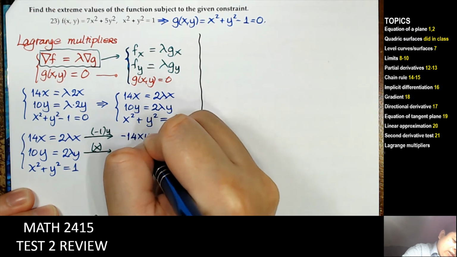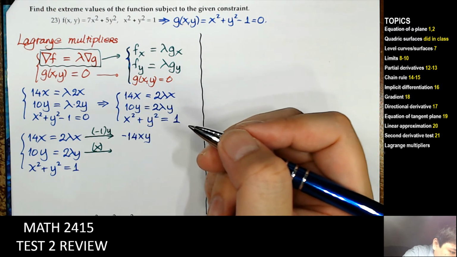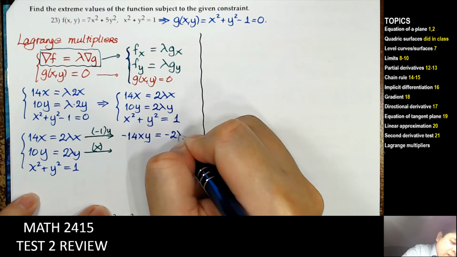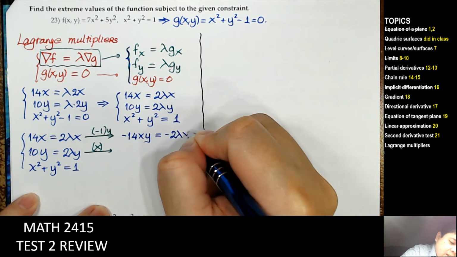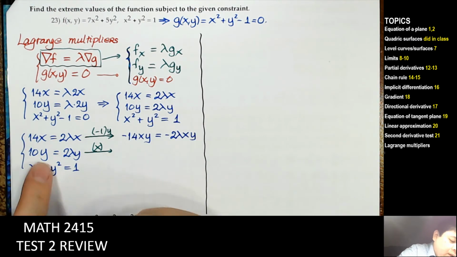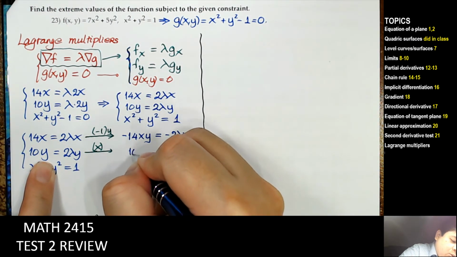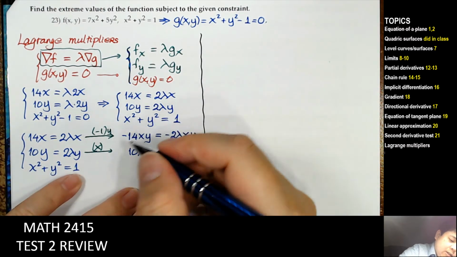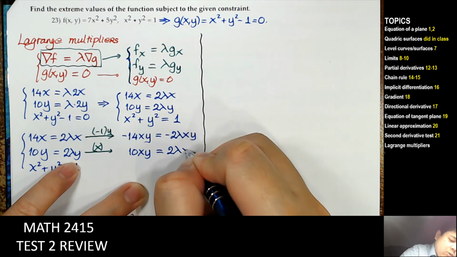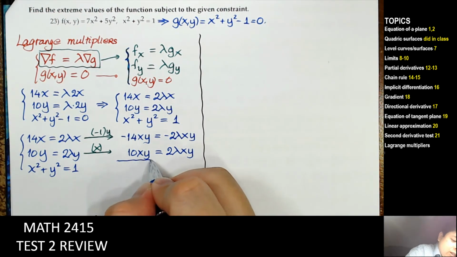xy equal to negative 2 lambda xy. This multiplied by x, 10xy equal to 2 lambda xy. So that's good.